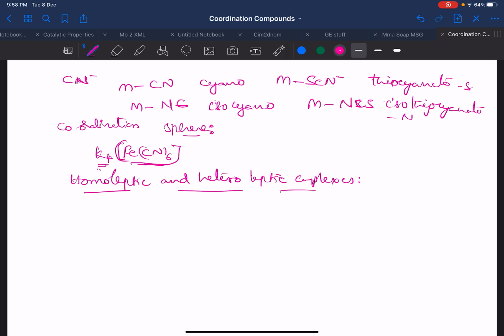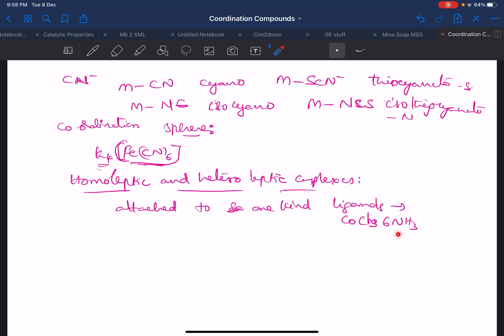Homoleptic means if the central metal atom is attached to only one kind of ligand, it is called homoleptic. For example, [Co(NH3)6]Cl3. Here only ammonia ligands are attached to the cobalt.